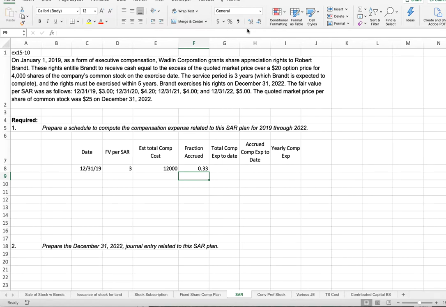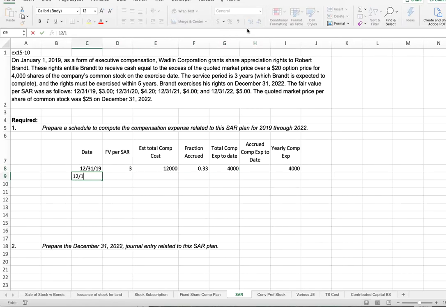It's just going to automatically convert that to a fraction, which we'll let happen. So the total compensation expense to date would be equal to our estimated total compensation cost times the fraction accrued, which is 4,000. And so we'll pull that over to the yearly compensation expense. In this particular year, we don't have any accrued compensation expense yet, so that can stay blank.